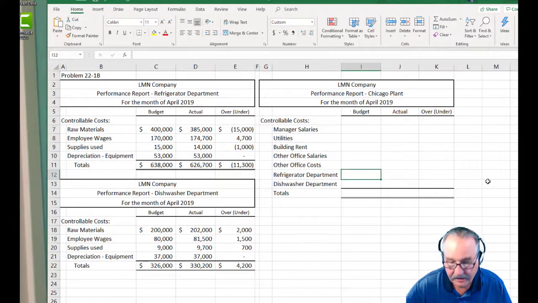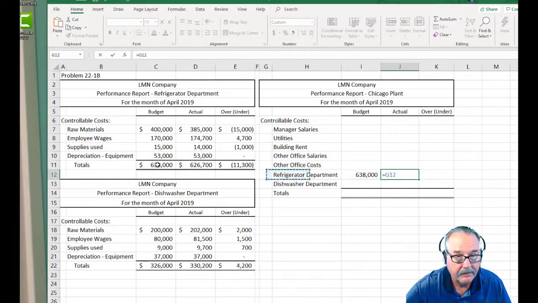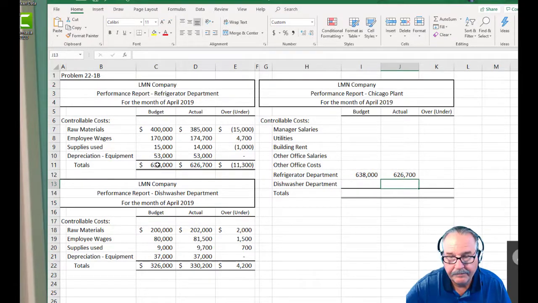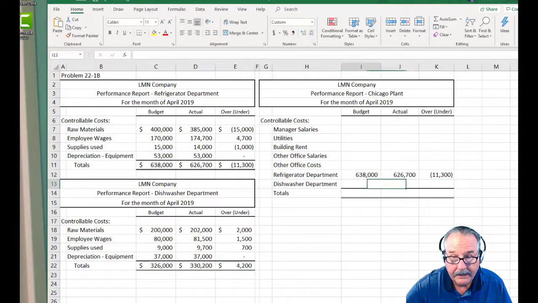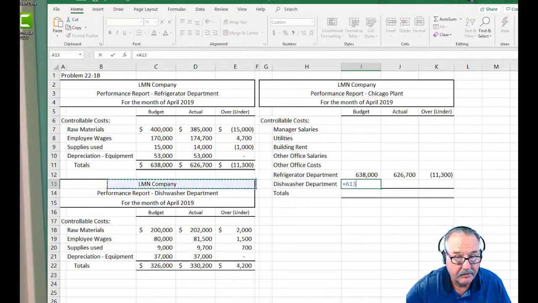and now we can prepare the overall performance report for the Chicago plant, which is going to include the refrigerator department. So I'll bring those numbers over. And the dishwasher department. See, the dishwasher department was over budget. The refrigerator department was under budget.